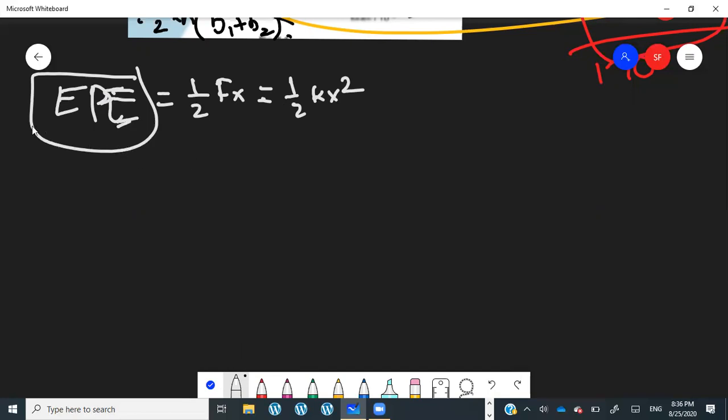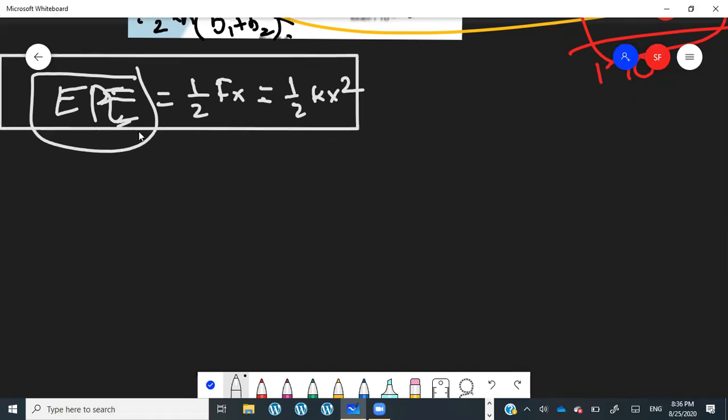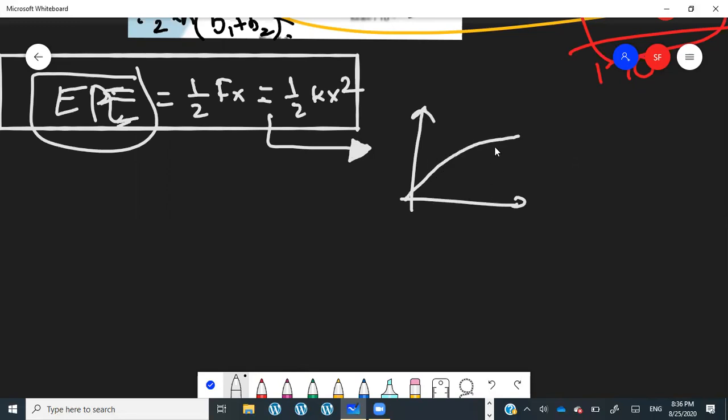Okay, and on the graph, how will I find the value? It's the area under the graph. Okay, and area under the graph in between what axis? Limit of proportionality. No, no, no. I mean in between the graph and which axis? The x and the graph. Okay, you mean the extension axis, right? Yes.